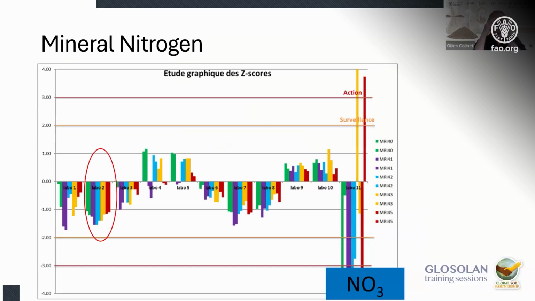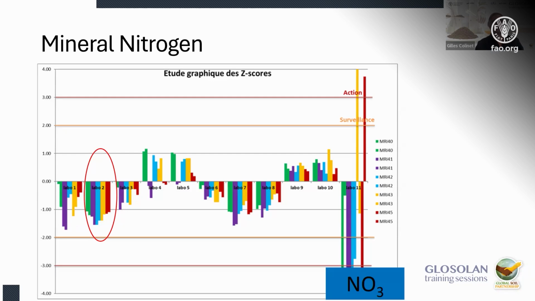Yeah, Z-score is a calculation where you take your sample minus the mean of the results, divided by the standard deviation. And so it gives you information on how far you are from the mean, expressed in terms of the standard deviation.